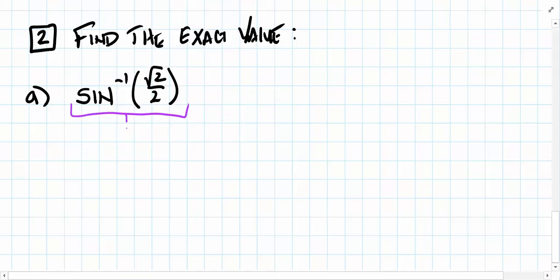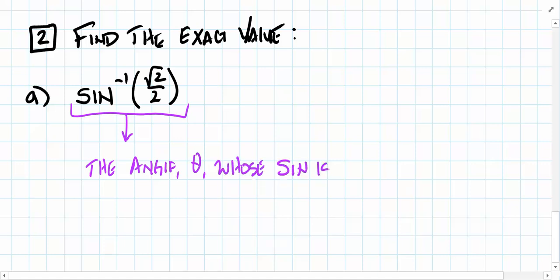It means we're looking for the angle, and I'll call that angle theta, whose sine is what value? Root 2 over 2. Okay, so that's what we're looking for.